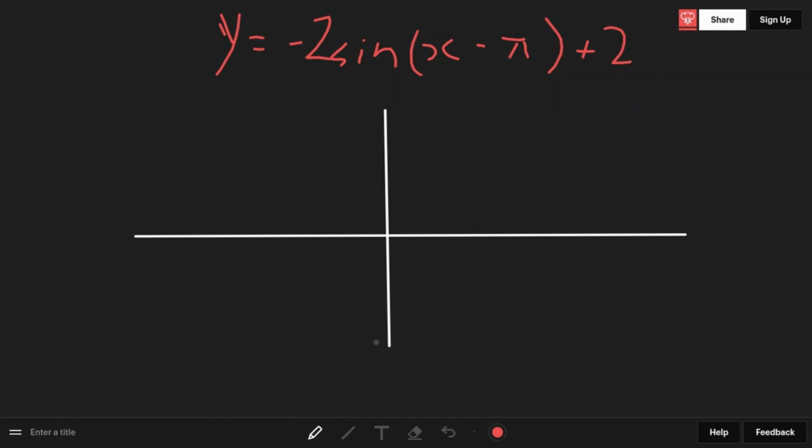Well, the first thing is we see that our midline is at y = 2 and that our amplitude is 2. So I'll make this yellow line that I'm about to draw representative of where y equals 2 would be.